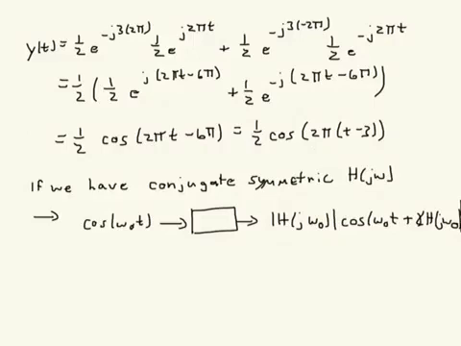H of j omega naught was a half, and the phase at j omega naught, in our case omega naught was 2 pi, was minus 6 pi.